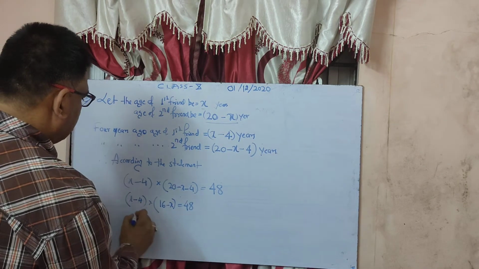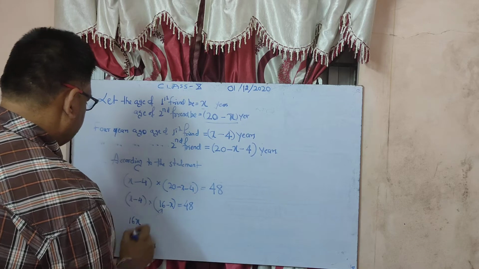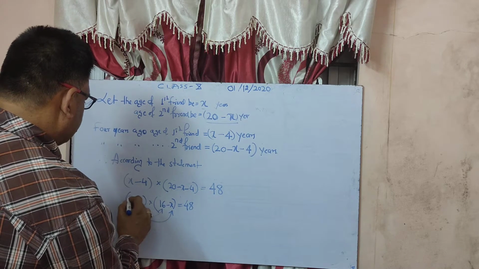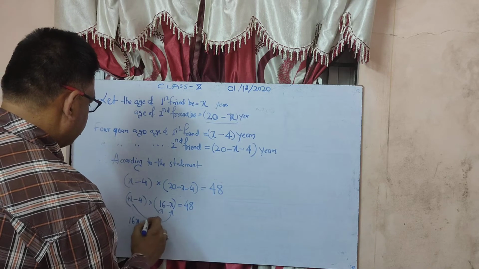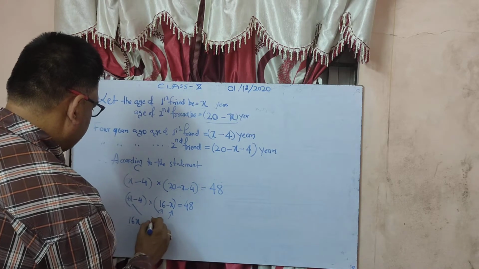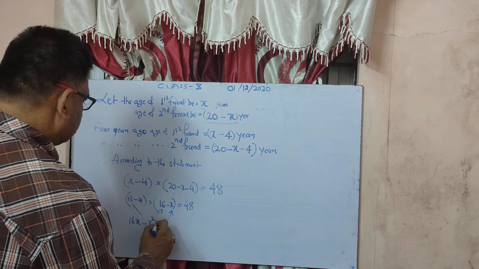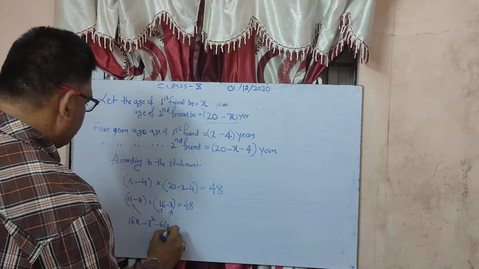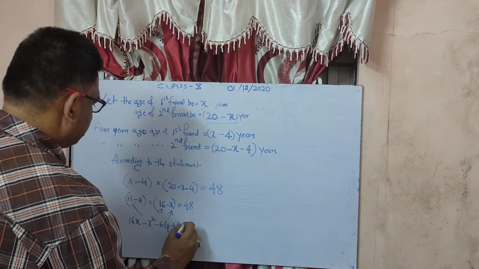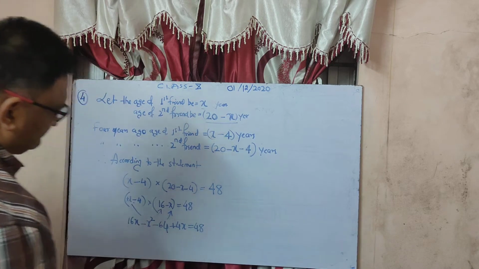That is x into 16 will be 16x, and x into x, first of all here plus into minus is minus, x into x is x square, and minus 4 into plus 16 is minus 64, minus into minus plus, 4 into x is 4x, is equal to 48 as it is.